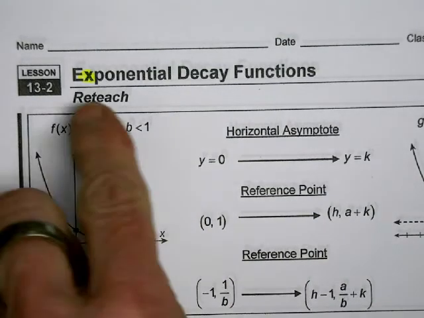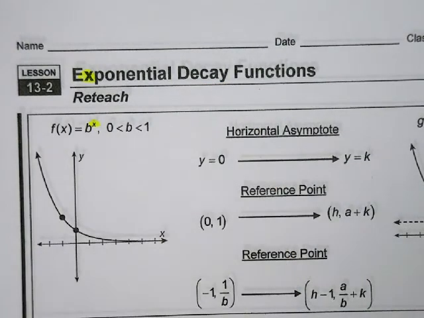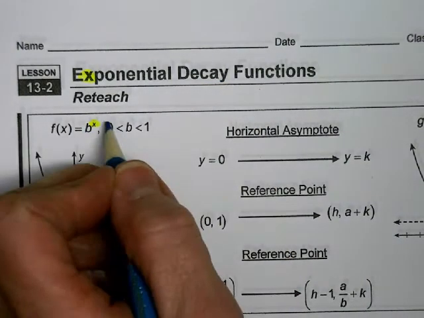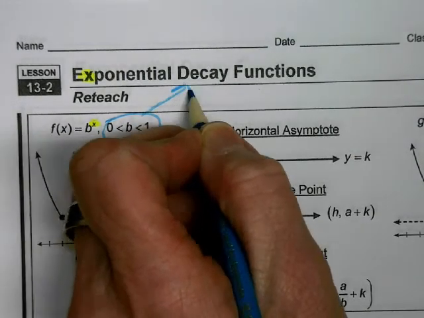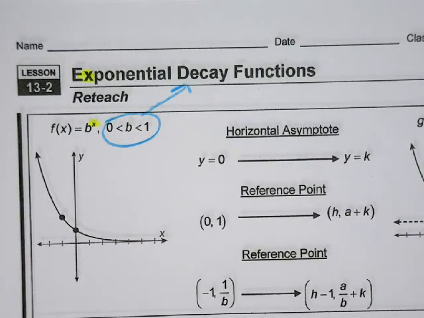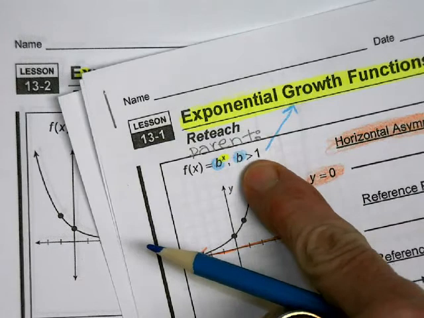Okay, the reason why this is an exponential decay function is because our base is a fraction less than 1. That's why it's decay. If you have your notes from the growth sitting in front of you, you notice that the growth one was greater than 1.